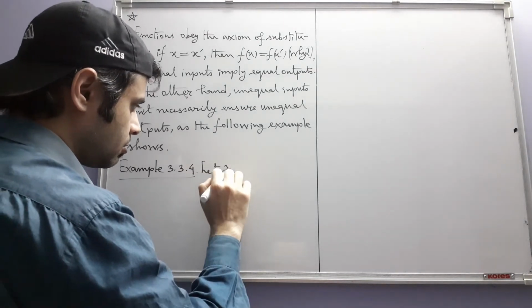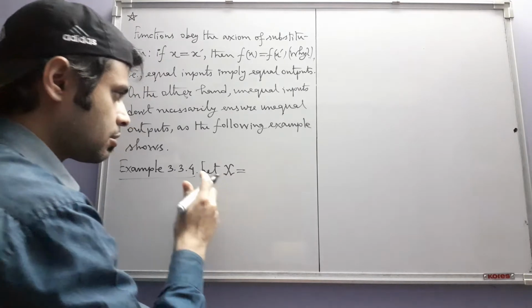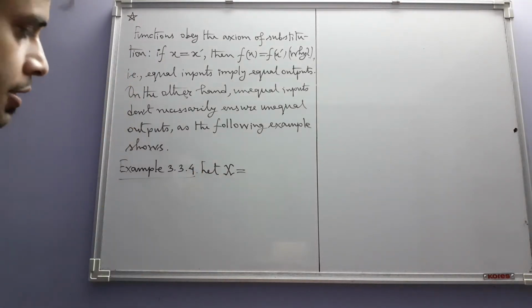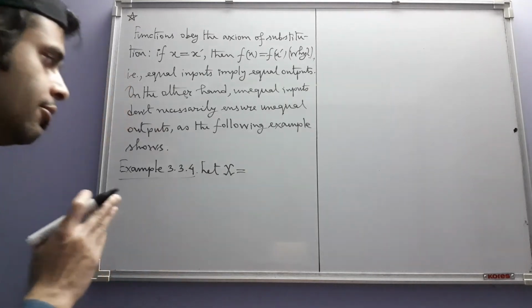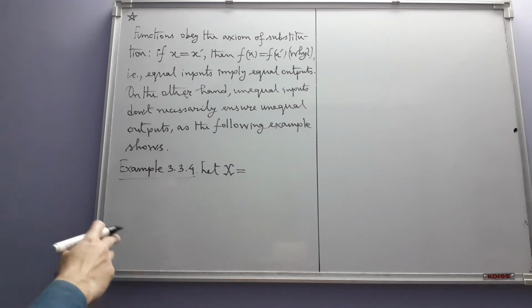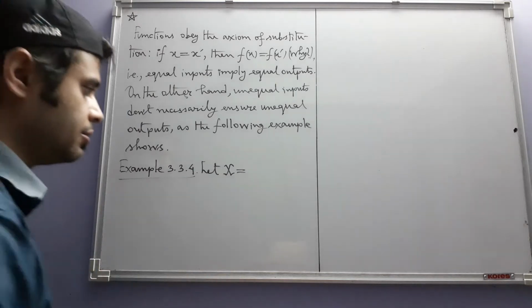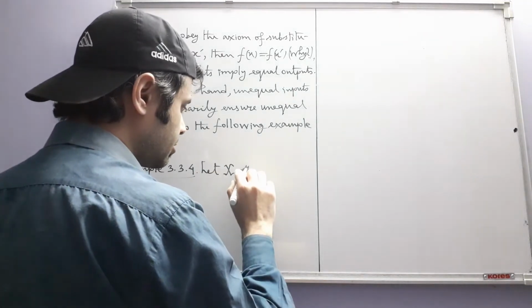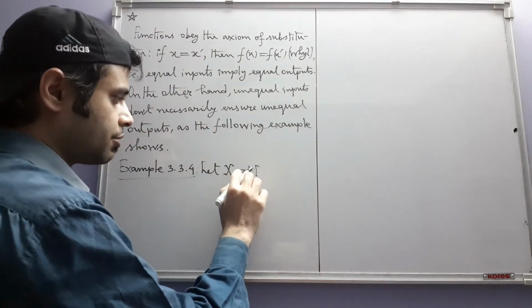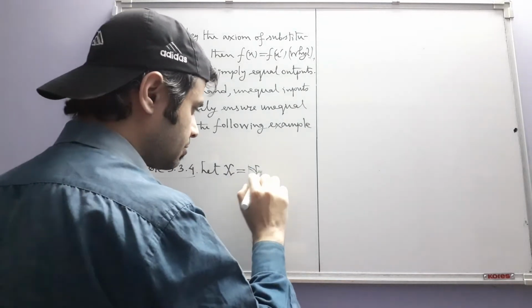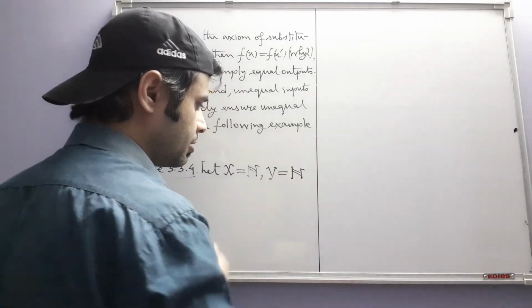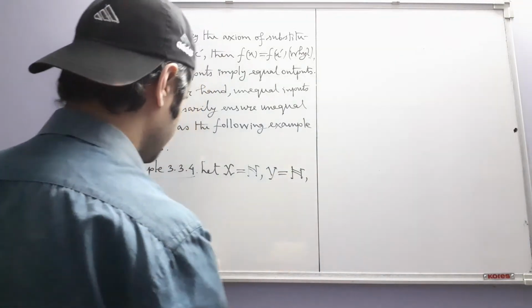Let, this of course is an example of a function. We are going to see a specific function here. So we will need a domain, a range, and a rule for assigning the elements of domain to the elements of range. So the domain is X, which we take in this case to be the set of all natural numbers. Range also we take the same set, the set of natural numbers.